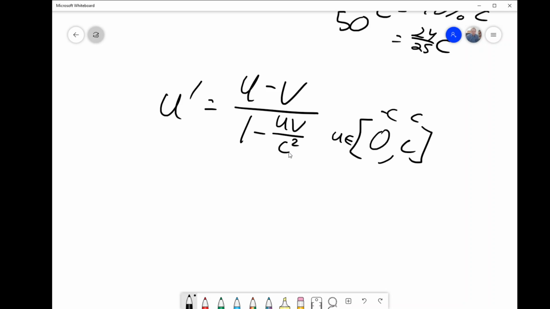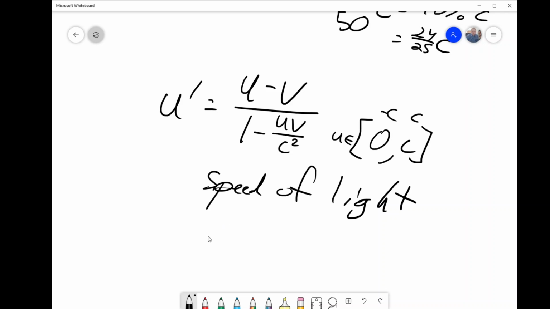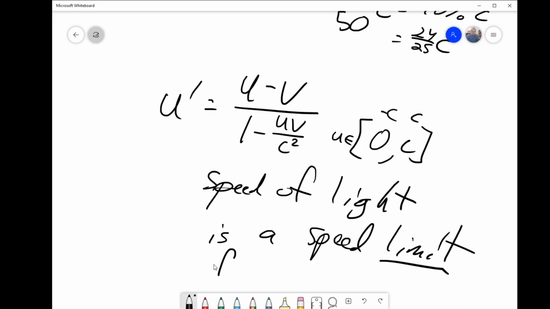So no matter what our speeds are, everything travels less than the speed of light. And that is one of the biggest implications of the universe and of this special theory of relativity. The speed of light is not just the same for speed, it's a speed limit for existence.